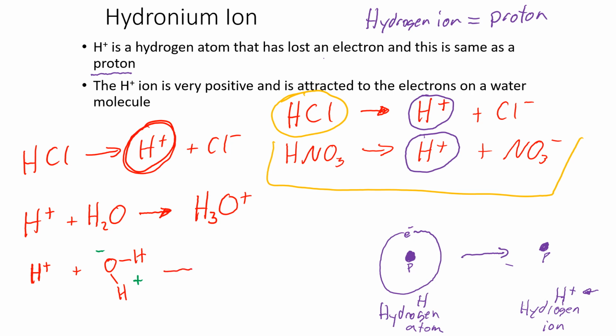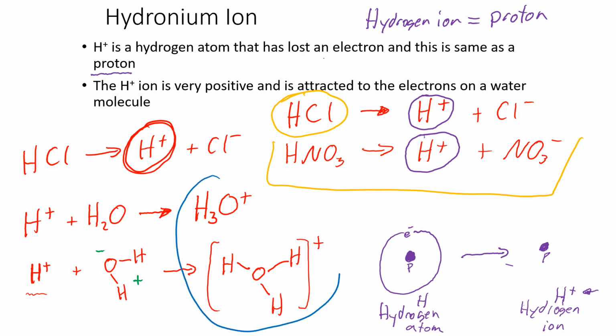What happens is that this positive proton, or hydrogen ion, will come in and attach to the oxygen of the water, and it makes this H3O plus. This H3O plus right here is called hydronium.